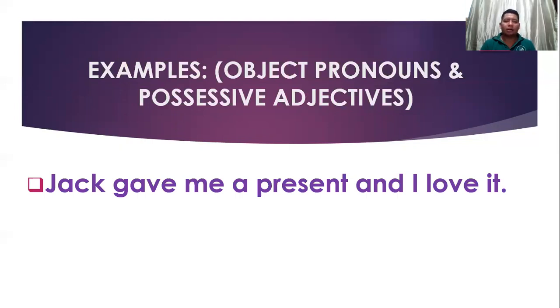No, I don't love Jack. Do I love the present? Yes. And we use it to refer to the present. To avoid writing present again, we wrote here it, because it is used to talk about objects.